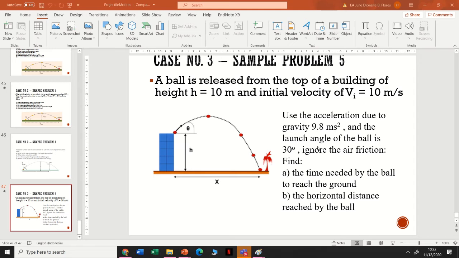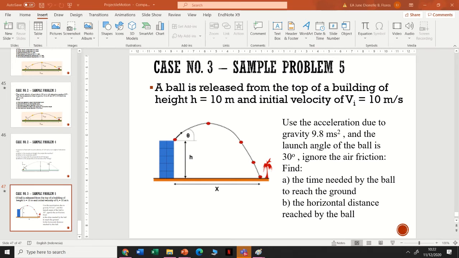For case number 3, as we mentioned last time, this kind of problem would visualize the idea that your object was thrown from a certain height at a given angle, just like what is shown here in the illustration. So you have that object, and initially it was thrown from a certain height of a building. And aside from being thrown from that height, it also has a value for its angle.